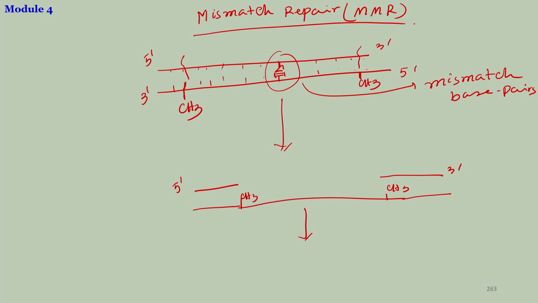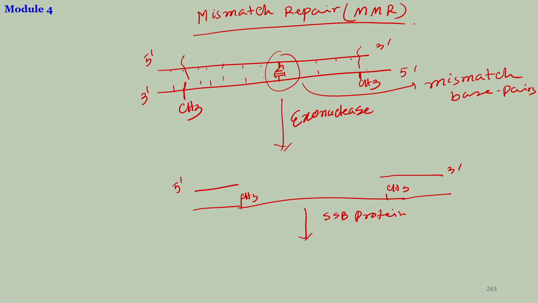Of course, because there are two cuts here, the enzyme is exonuclease for this cut. This enzyme is exonuclease. So, you need SSB protein.